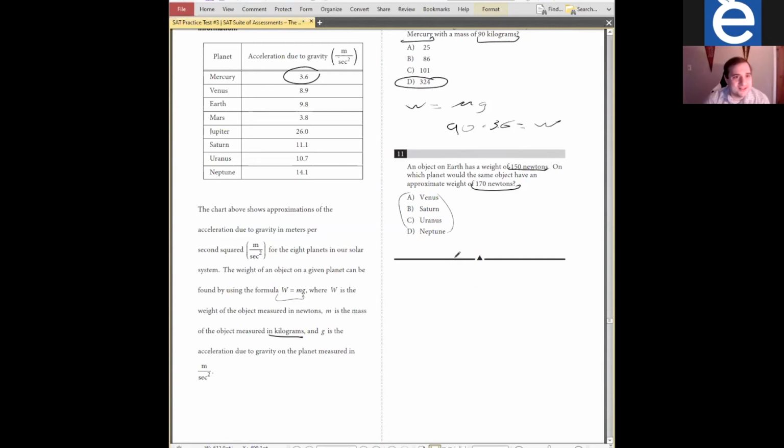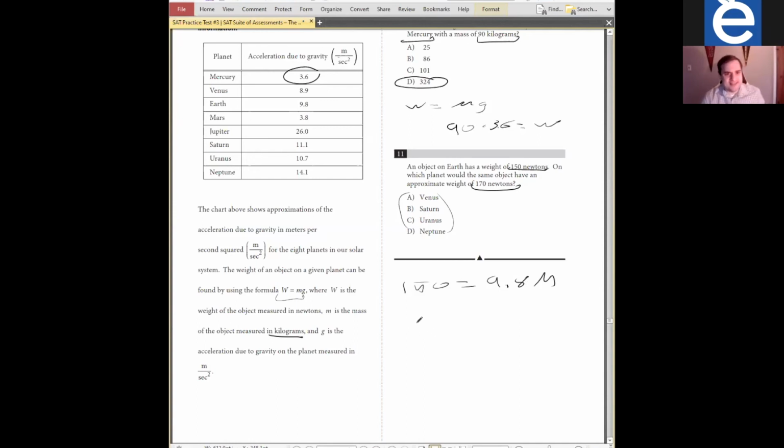Is this one susceptible to being cheated? Only a little bit. You can narrow it down to 2 without really doing anything, but they're close enough that you can't really finish the problem that way. All right, so the weight of an object on Earth is 150 newtons. 150 is equal to the acceleration due to gravity on Earth, 9.8, times mass, right?